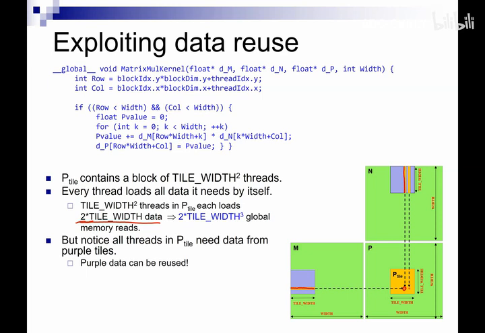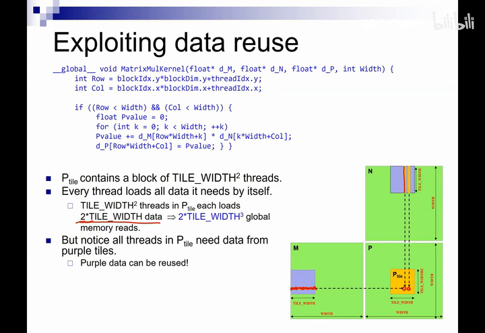Now, the property that we're going to exploit for data reuse is this: if you look at 2 different threads on the same row, this thread is going to be reading all of this data from M. But another thread from the same row also needs this same block of data from M. So if these 2 threads operate independently, the first thread reads this chunk of M, and the next thread rereads this chunk of M from global memory.